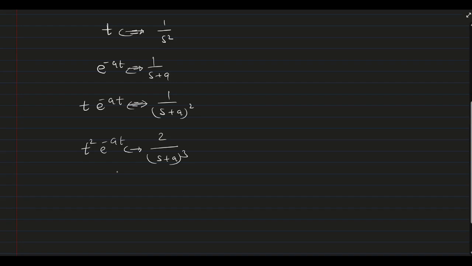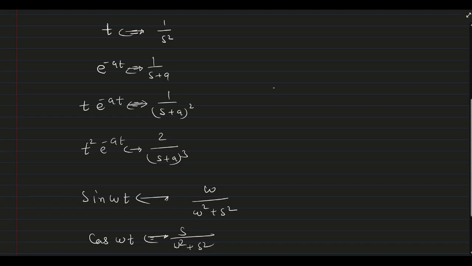Laplace transform of sin omega t is omega upon omega square plus s square. Cos omega t is s upon omega square plus s square.